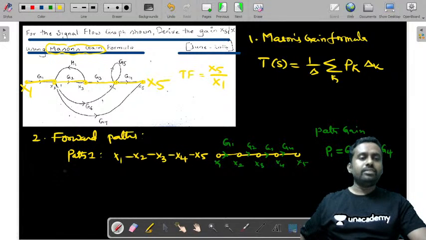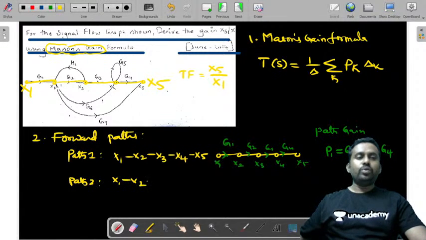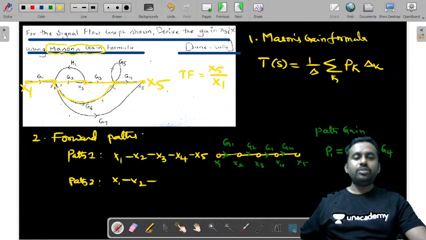Similarly, now I will write, is there any other path? Yes, there is another path. If you see the second path, you can start at x1, go to x2. From there you can move directly to x4, then move to x5.